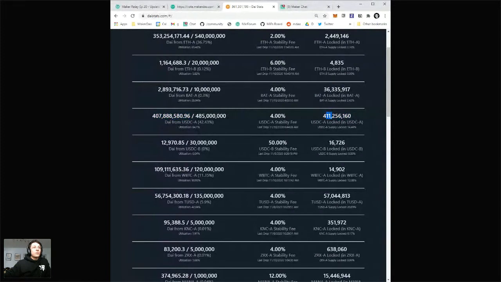And so at a certain point, this entire facility, the USDC-A facility, is going to get to about 100% or below 100%. And I'm sure some vaults are already undercollateralized. This is a problem because the DAI produced by them is not fully backed, and the protocol has to cover that loss at the time of liquidation.